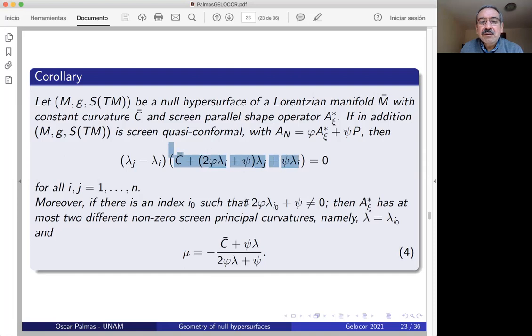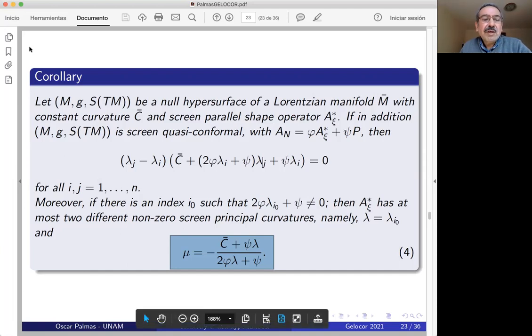But in this case, we may give this lambda in terms of the other. Namely, we have this expression for our other screen principal curvature. And somehow we know what happens when we have two principal curvatures.